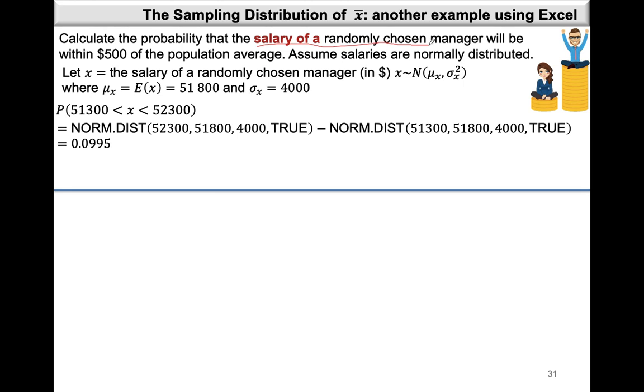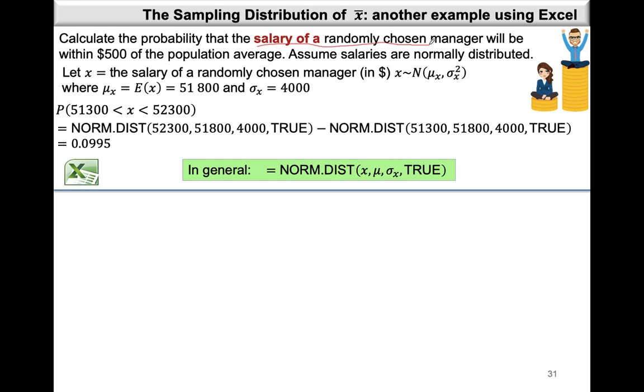So in general, when we make use of the NORM.DIST function, we find that the first entry is your X value, then your mean in the second entry, your third entry is the standard deviation of X, and finally, your cumulative statement will be TRUE since we're interested in the area to the left of X.